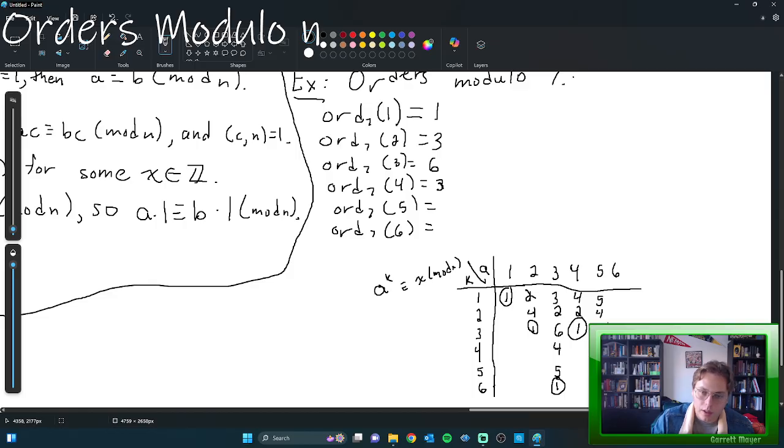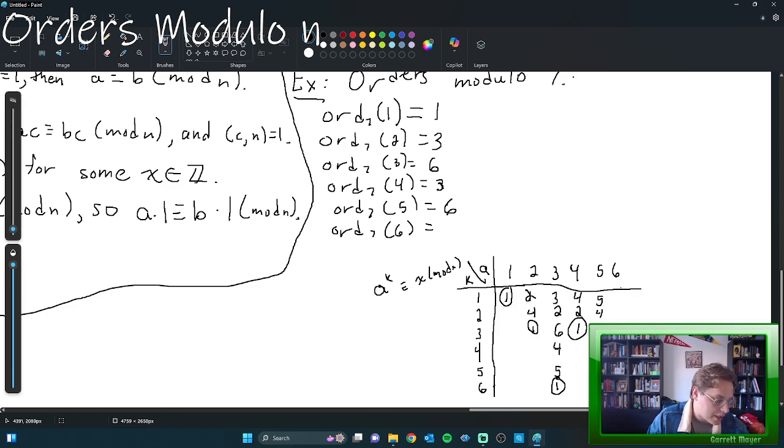And then up next, you take 6 times 5, and that's 30. 30 is 2 larger than 28, so that's congruent to 2 modulo 7. Up next, you have 5 times 2, which is 10, which is 3 larger than 7, so that's congruent to 3 modulo 7. And then 3 times 5 is 15, 1 larger than 14, so that's congruent to 1 modulo 7. So then the order of 5 modulo 7 is 6.